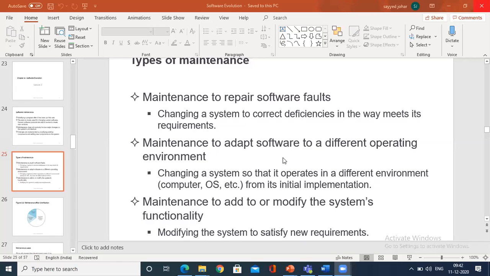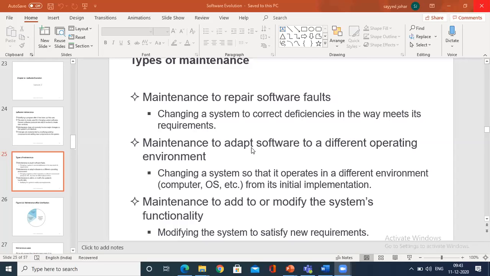So second is environmental adaptation. What is the meaning? This type of maintenance is required when some properties of the system environment, such as the hardware, the platform, operating systems, or other support, change, right? So maybe you change the database support, or the hardware compatibility to support your software.